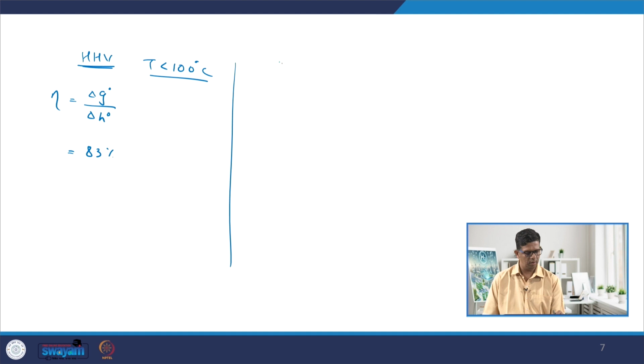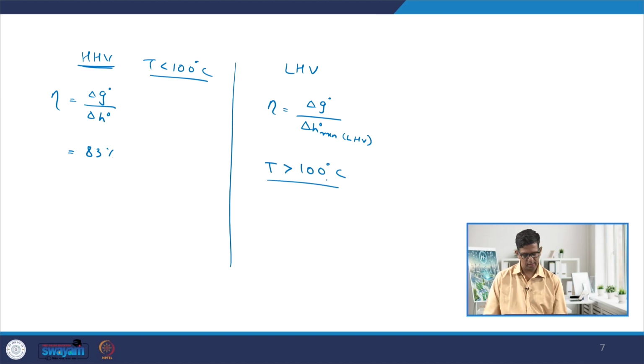Whereas if we go for lower heating value, the efficiency is basically the Gibbs energy divided by the enthalpy of the reaction, LHV. This happens if the temperature is greater than 100 degrees Celsius.